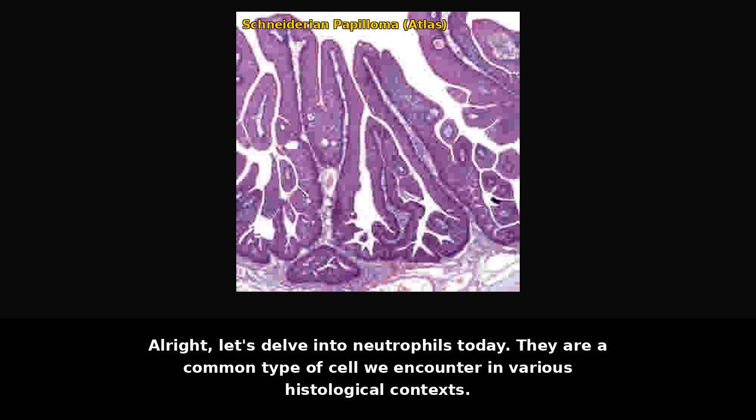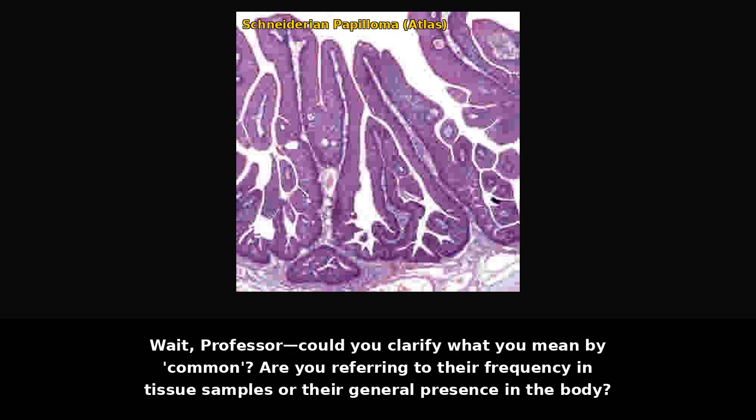All right, let's delve into neutrophils today. They are a common type of cell we encounter in various histological contexts. Wait, Professor, could you clarify what you mean by common?